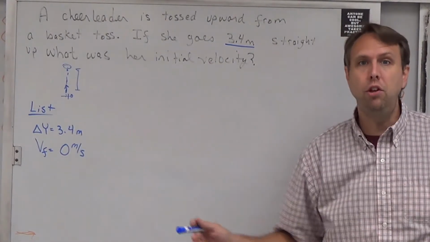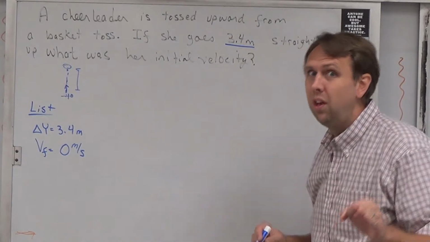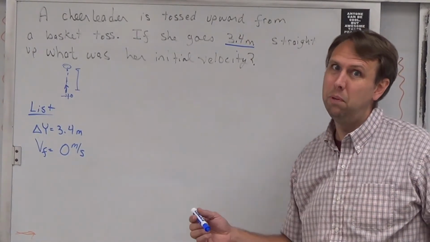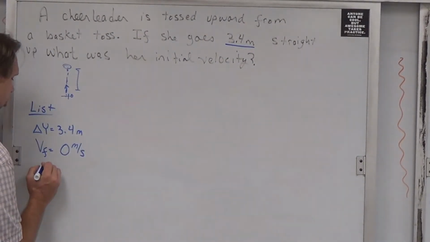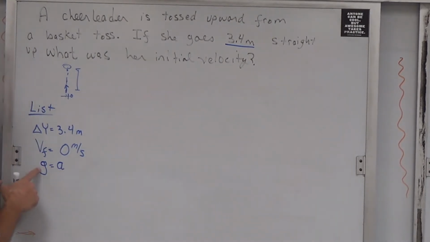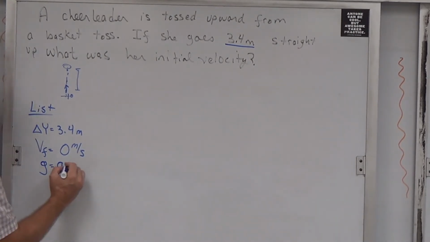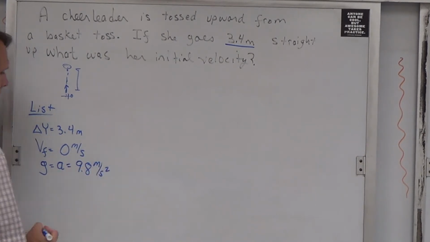If you change planets, you change your gravitational acceleration, but here on Earth, we can assume it's going to be 9.8 meters per second squared. So I can put in here g equals the acceleration, because on Earth the acceleration is going to equal g, which equals 9.8 meters per second squared.